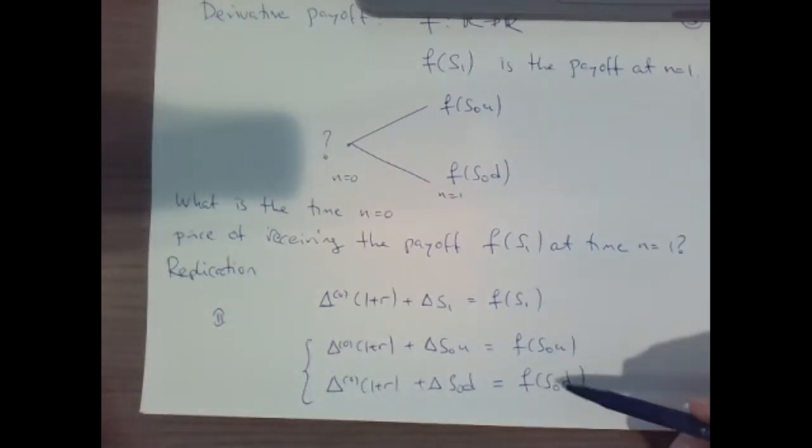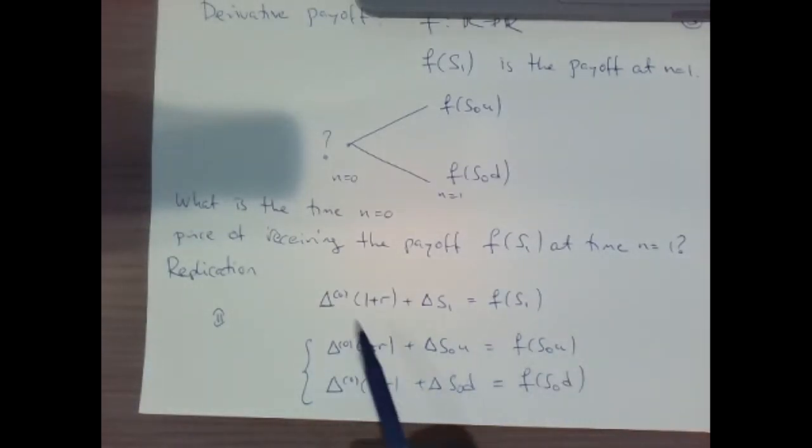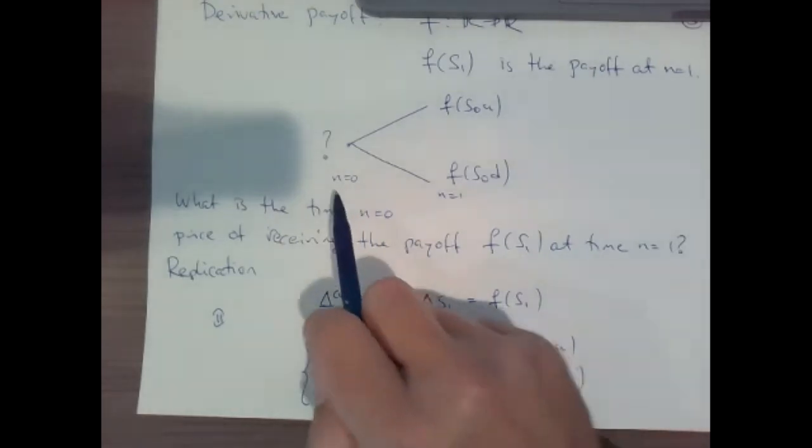If I can solve these two equations, then my portfolio value at time 1, what's on the left-hand side, is by construction equal to the payoff of the derivative. Then I'll use no arbitrage and say that if I have two things that have the same value at the end, they also must have the same value at the earlier time.